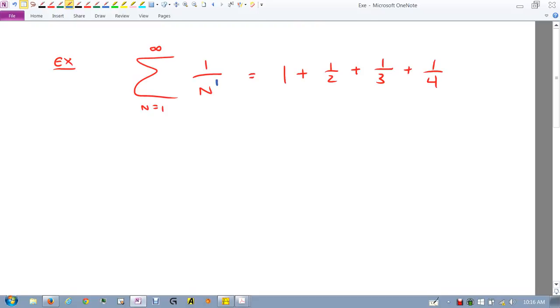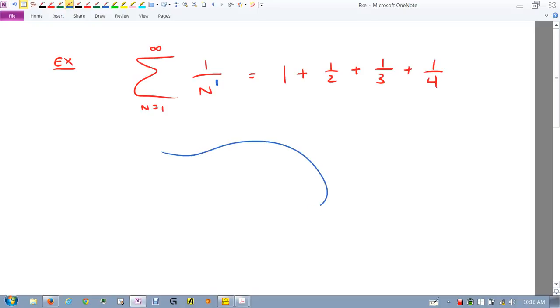What about this one? Sum from n equals 1 to infinity of 1 over n. That's 1 plus 1/2 plus 1/3 plus 1/4. Do you recognize this? What series was that? Well, we did this last class. Harmonic. We said all harmonics diverge, didn't we? I want you to realize now that a harmonic series is a p-series. The p is actually 1.